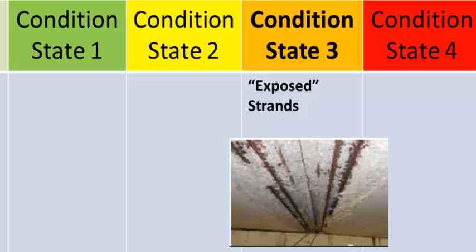So when we start talking about linear foot, it's the linear foot of the beam. So each linear foot quantity goes into one of the condition states. And if there's exposed strands, plural, you got multiple strands, a good place to start is condition state 3. The guidance in the manual says up to 1/4 of the beam width if you've got exposed strands, and that again, that would be delamination, spall, or even visible strands.